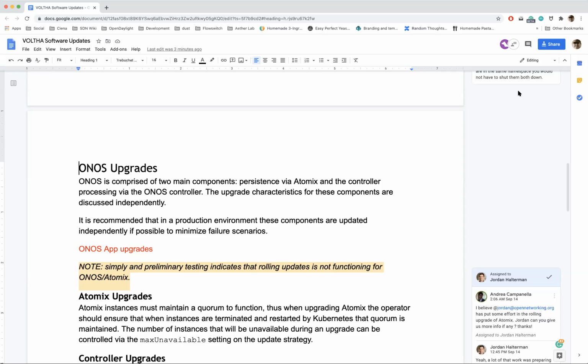Like start a system with 2.6.2, I have no idea what the version is right now, and update it to master. Well, tags are cheap, right? Why can't we just create tags specifically to test these things out? We can, and we can also just keep a running pod and every night upgrade to the latest master too. Yeah, why not?